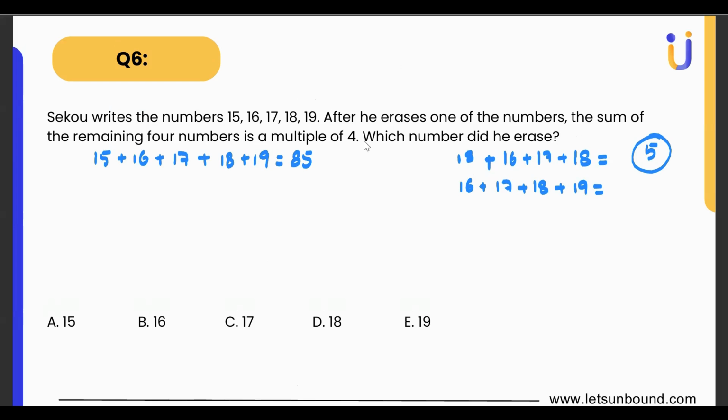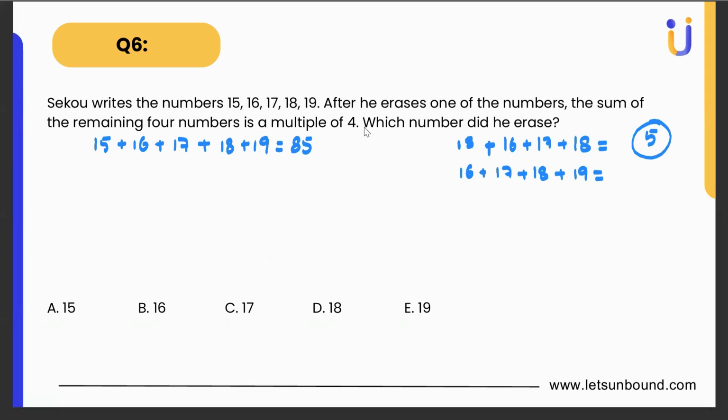Now, 85 is not a multiple of 4, which is for sure, but I have to look at how near it is to a multiple of 4. So I know 84 is the nearest multiple of 4, which means I must be looking at whether I can remove one more than a multiple of 4, right?